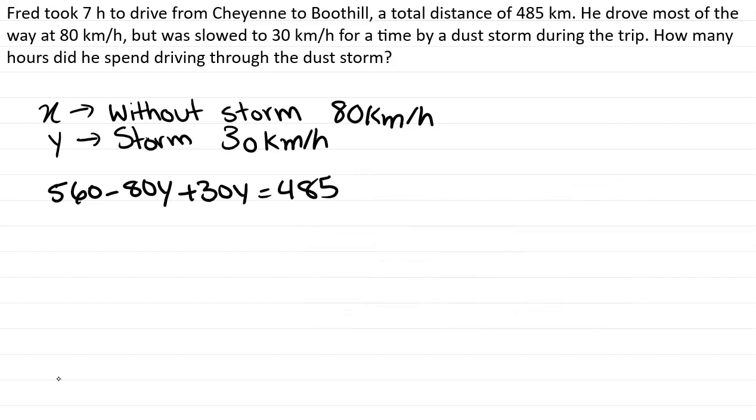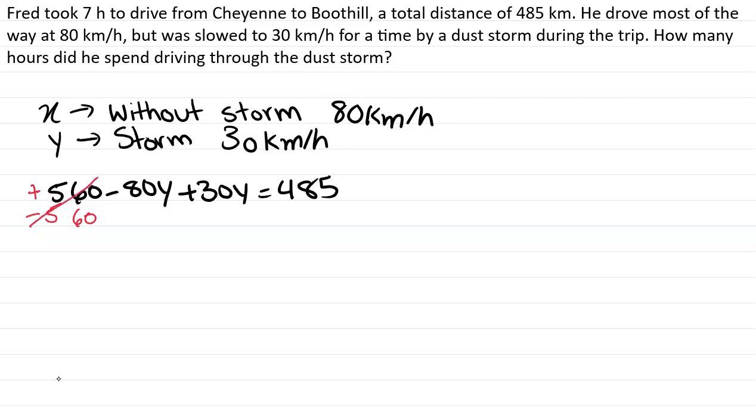Okay, now we have to move positive 560 to the other side of the equation because 485 and 560 are like terms. To do that, we have to subtract 560 from this side of the equation because we're doing the inverse operation of addition right here.